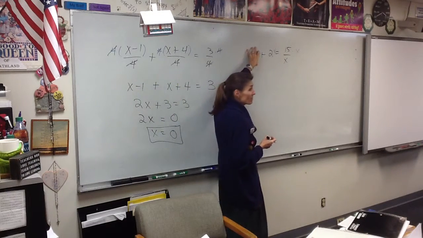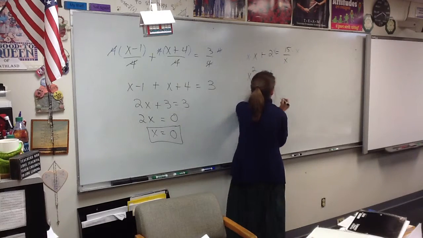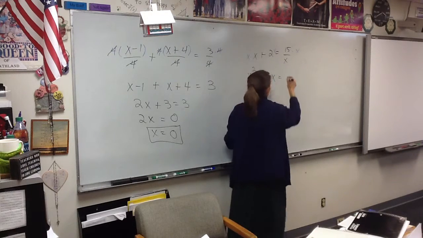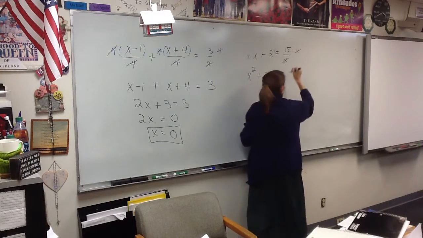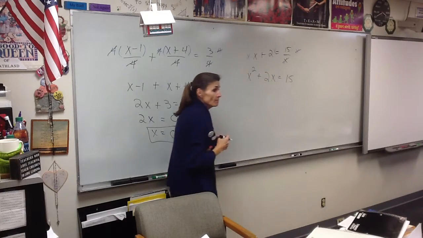So what do I have here? Nothing cancels. What do I have here? x squared plus 2x equal to, okay, now wait, what happens to the x's? They cancel. So all I have left is 15.